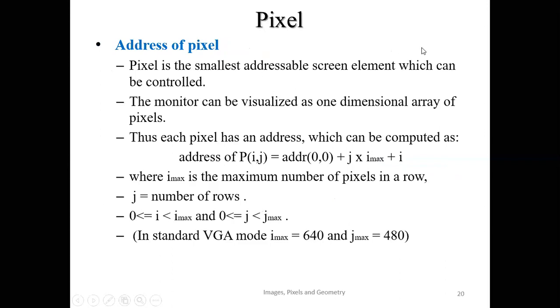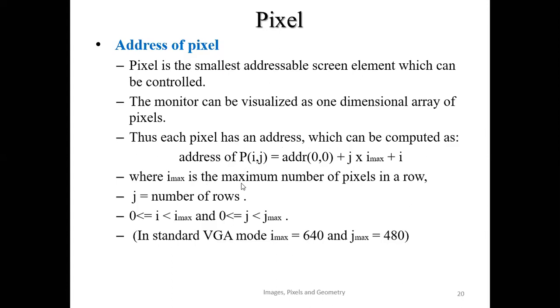The monitor can be visualized as a one-dimensional array of pixels. So we can calculate pixels using address(0, 0), that is the first pixel, plus J times Imax, the maximum number of pixels you have in one row, and then we can add I.